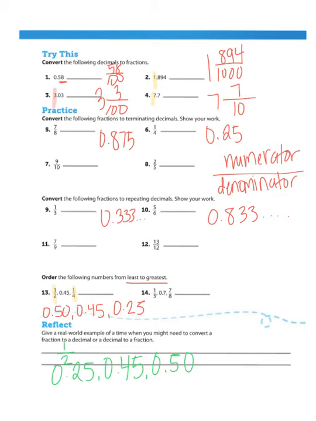And my, nope, that's not right. My 1/2 is my 0.50. And they gave us 0.45, and this would be my 1/4. 0.25 is my 1/4. So you're going in order from least to greatest.